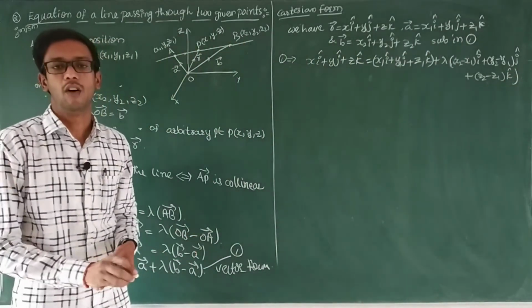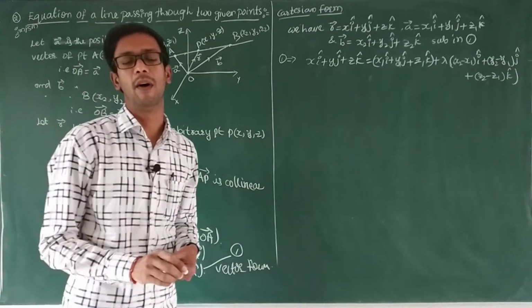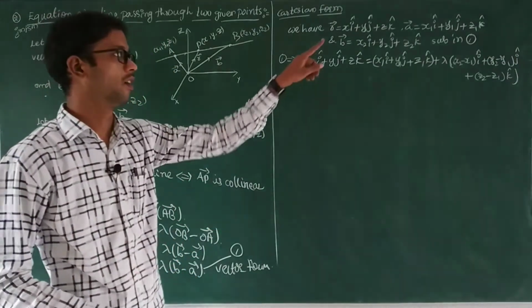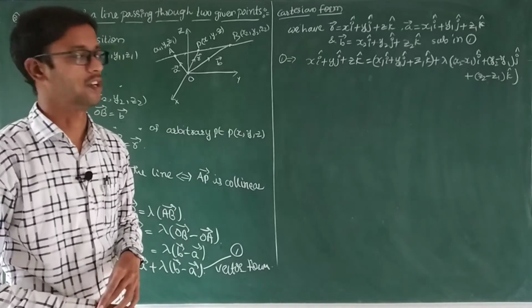We already know how to subtract the component forms of two vectors: subtract the corresponding coefficients.